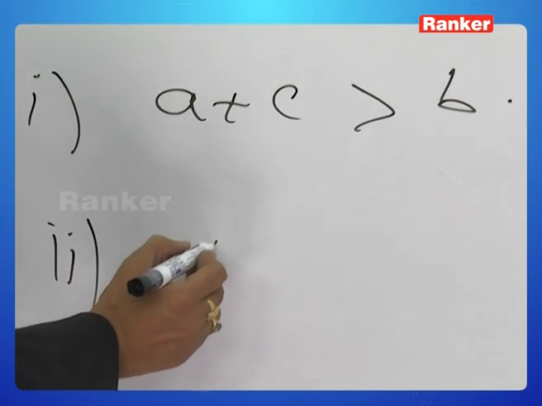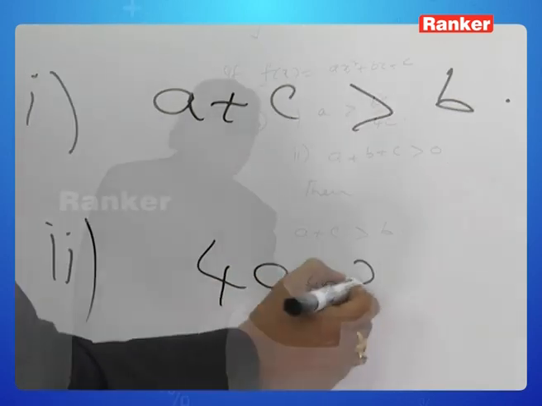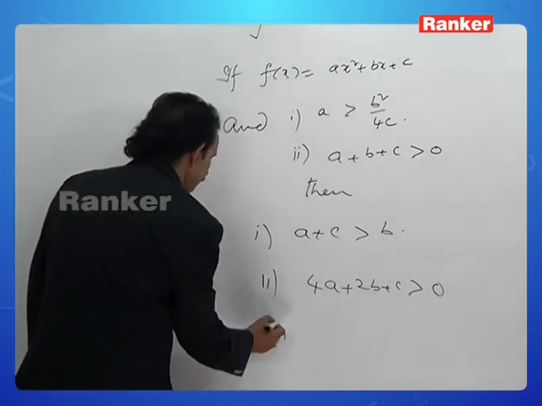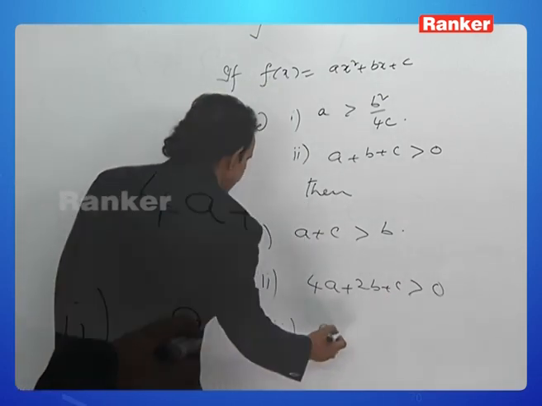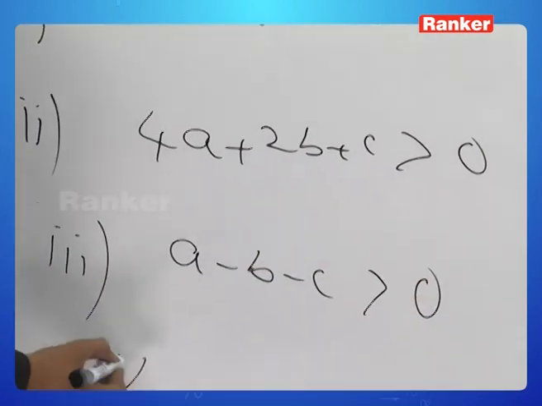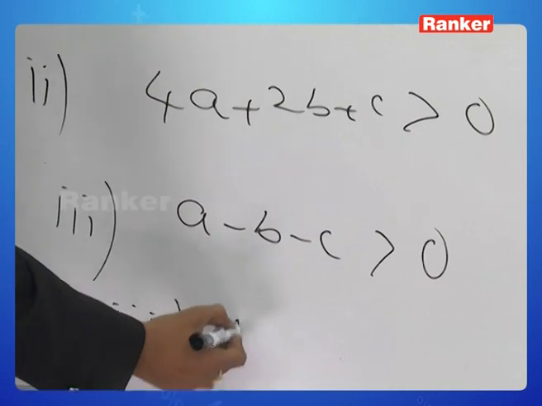Second option, 4a plus 2b plus c greater than 0. Third option, a minus b minus c greater than 0. Fourth option, none.